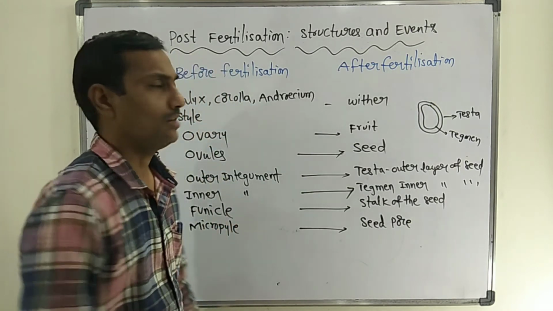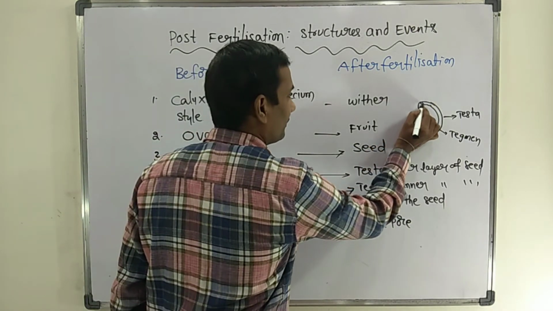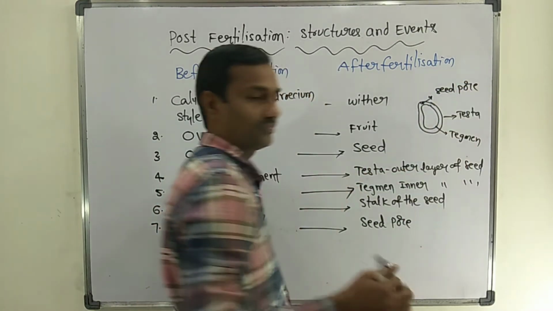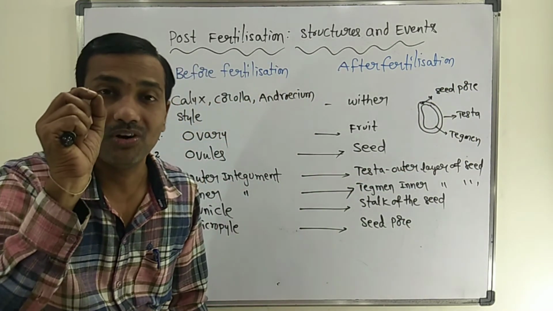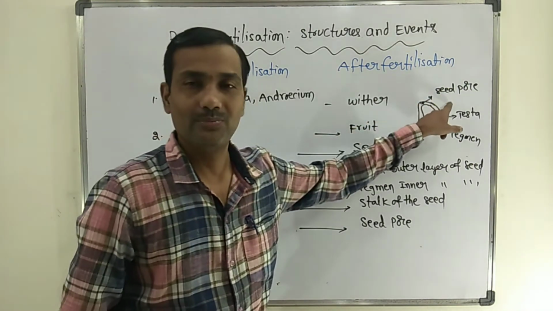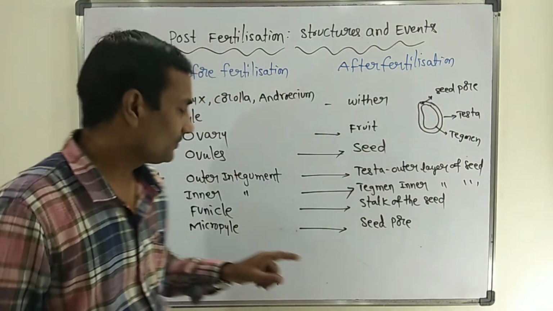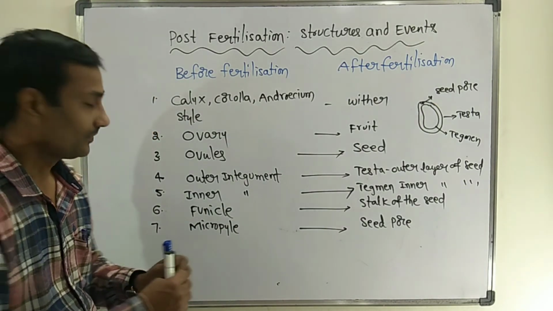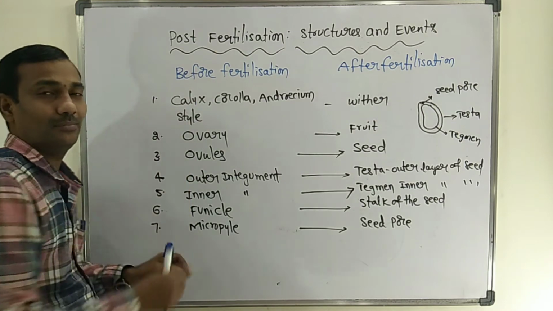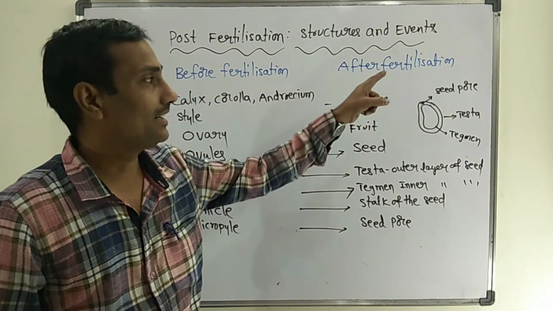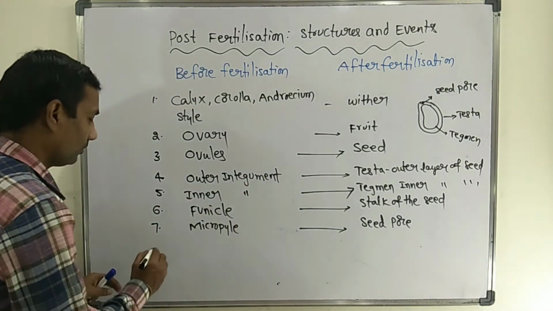Every seed consists of a small minute aperture or pore, which is called the seed pore. How is the seed pore formed? Because of the changing of the micropyle. The micropyle exists only before fertilization, whereas that micropyle completely converts into the seed pore.